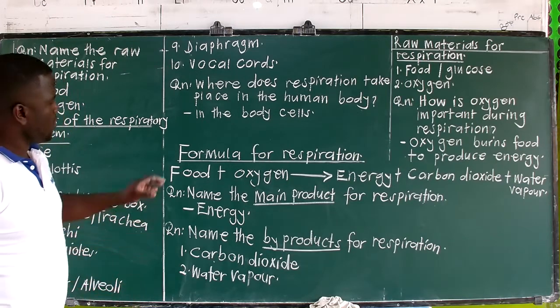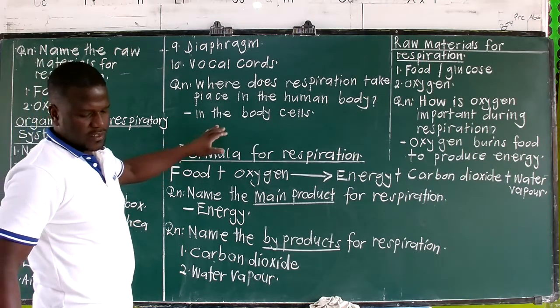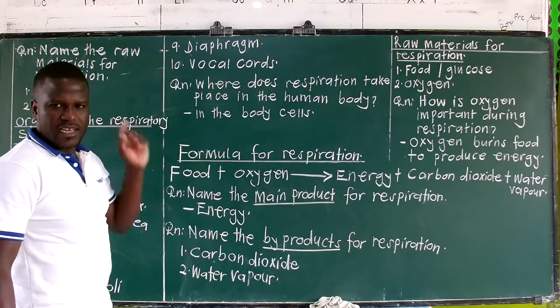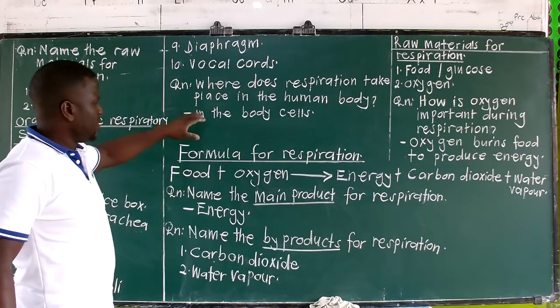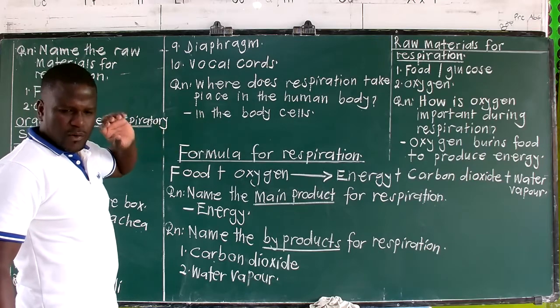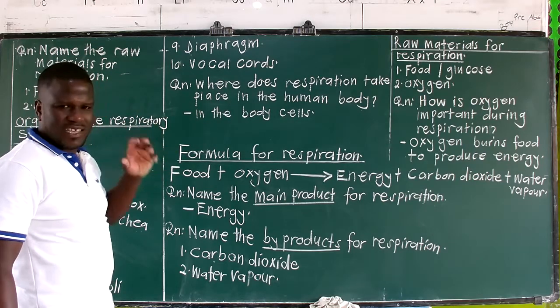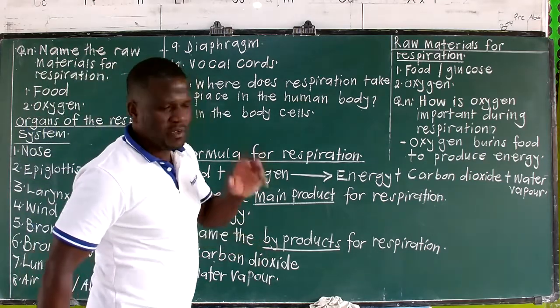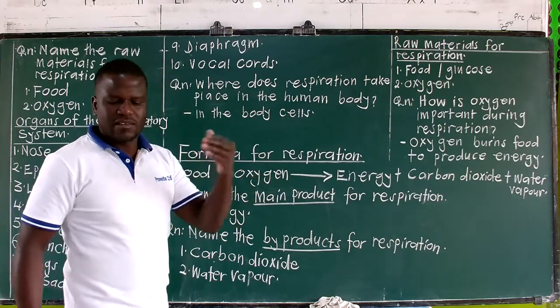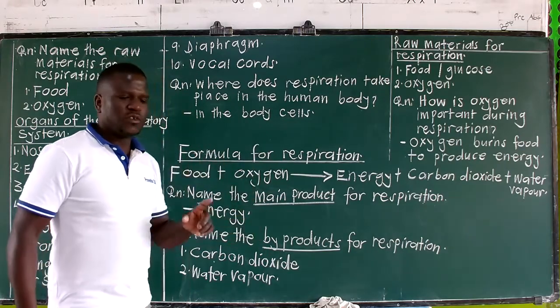That is something you must understand, that respiration takes place in the body cells, not in the lungs. Most people think respiration takes place in the lungs. The process which takes place in the lungs is exchange of gases or breathing. Breathing takes place in the lungs, but respiration does not.